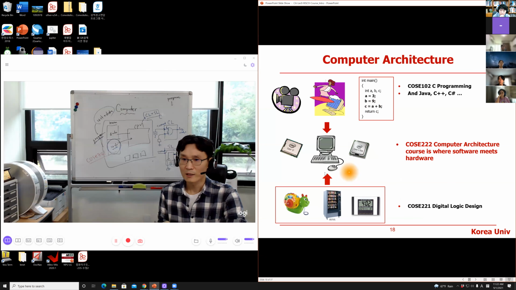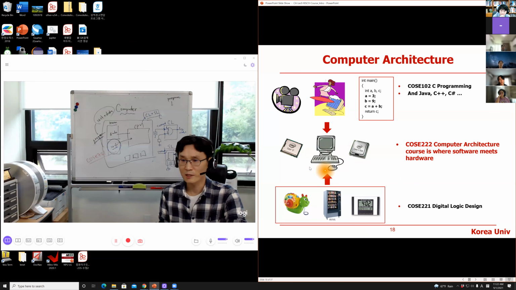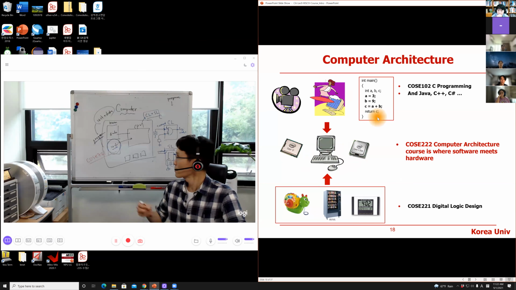Why is that? This CPU is still hardware, right? And it is designed with the same principle you learned in digital design. Using combinational logic and sequential logic, you can design a CPU. You can design a computer. And that computer is able to execute software.